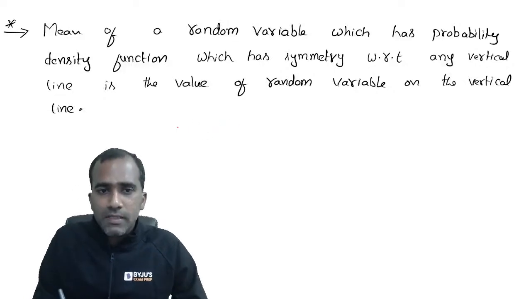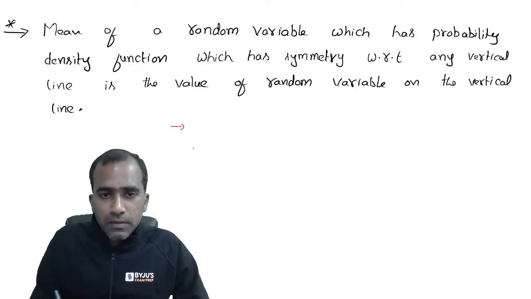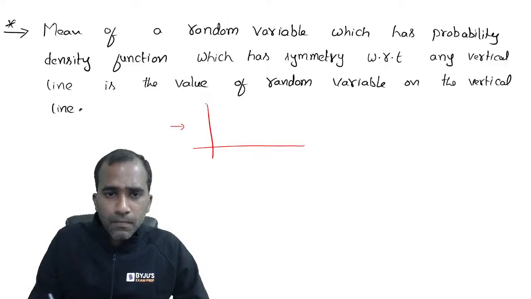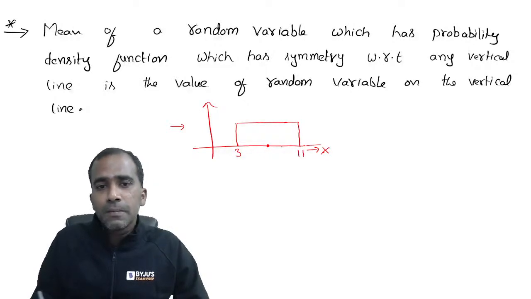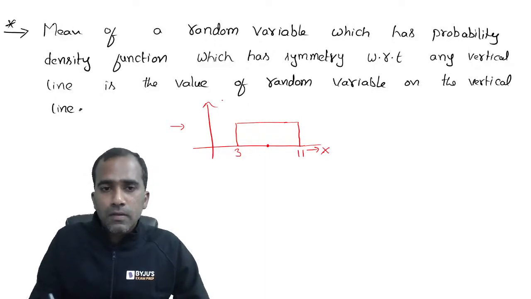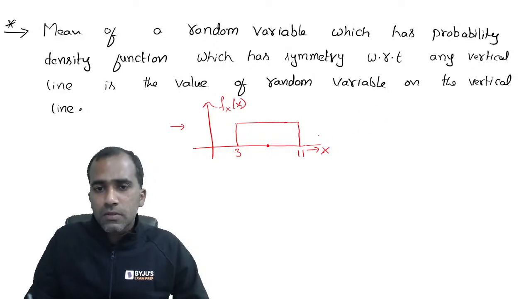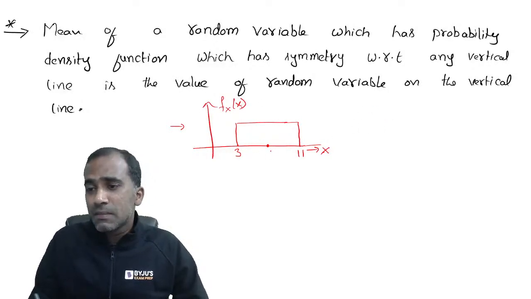I'll just give you examples. Okay, for example, a random variable x goes from 3 to 11, f x of x. So is it symmetrical?